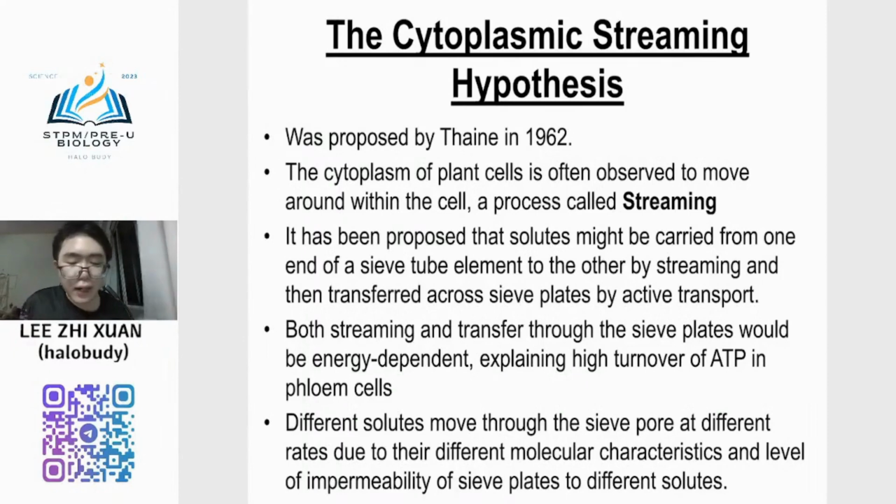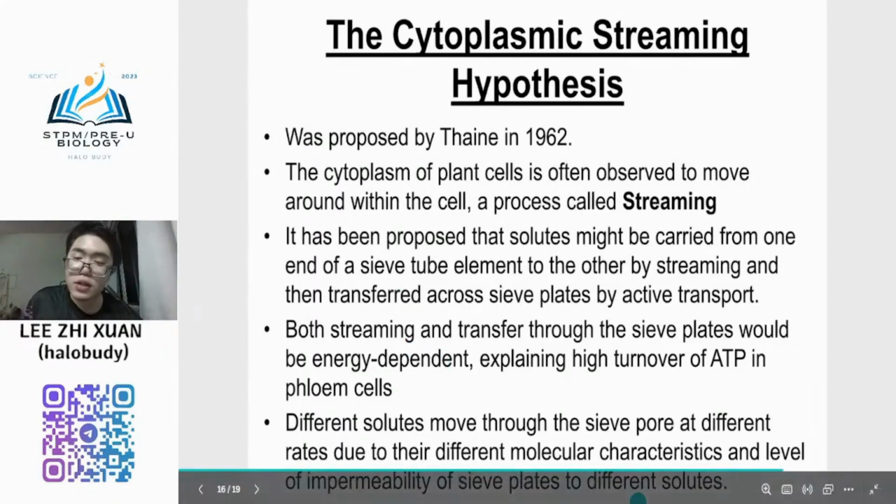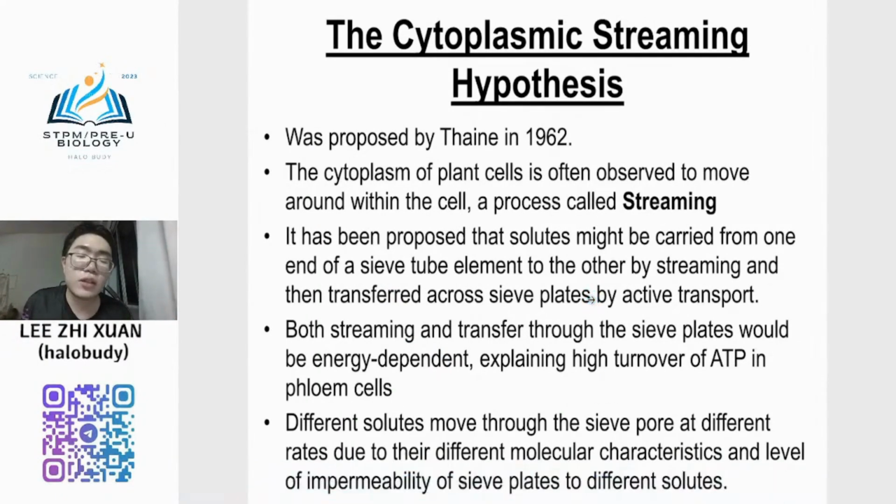Another one is about the cytoplasmic streaming hypothesis. So the cytoplasmic streaming hypothesis is actually the flow of ions and molecules inside the cytoplasm. Normally it has been proposed that solute can be carried from one end of a sieve element to the other by streaming and then transferred across the sieve plate by active transport.